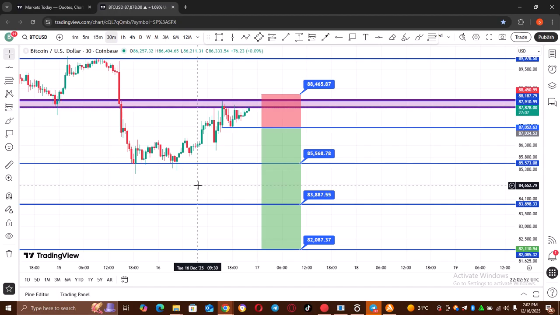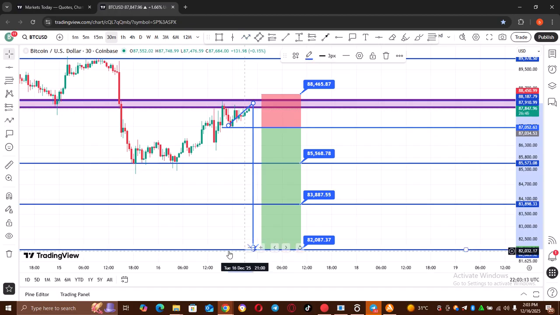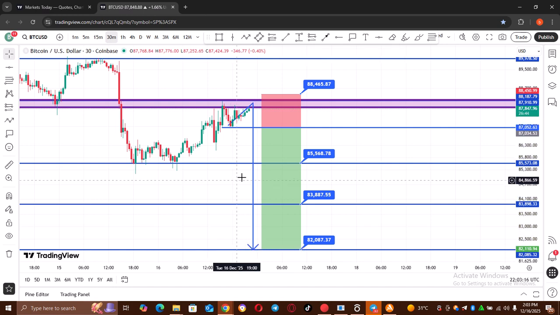Analysis does not mean you should take a trade. You have to wait for your strategy to give you the entry confirmation. So no confirmation, no trade. No confirmation, no entries. Are you fired up?